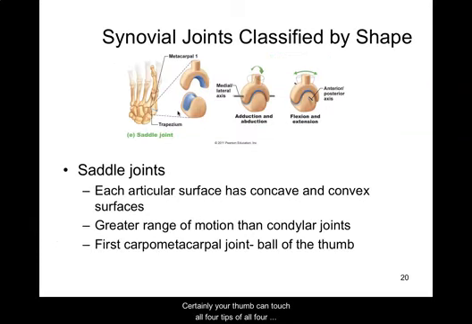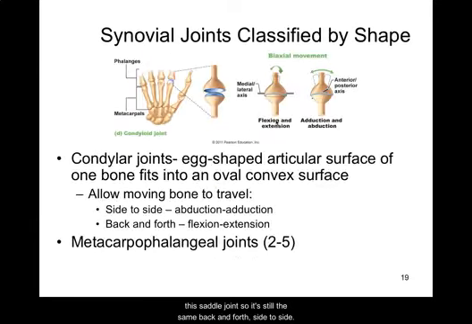And certainly your thumb can touch all four tips of all four other digits. And that is due to the greater degree of motion that's allowed by this saddle joint. So it's still the same back and forth, side to side, but to a greater degree because of the saddle joint.